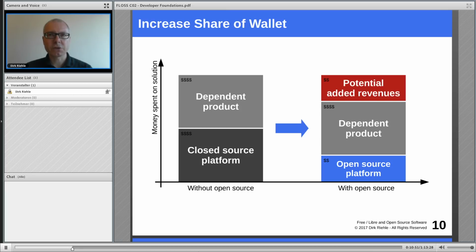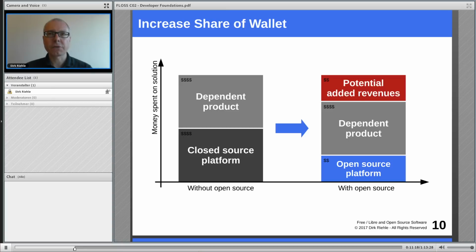I'm simplifying the situation here by assuming that in order to solve the customer problem, the customer needs to have a platform and then the application or whatever it is that the company wants to sell to the customer. Here I call it the dependent product, dependent on the platform.